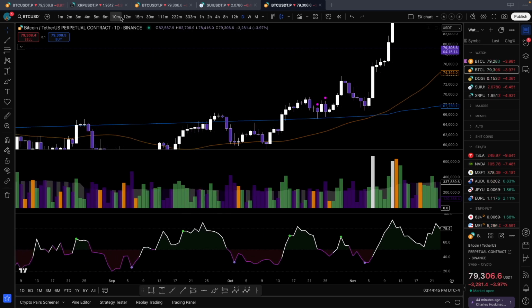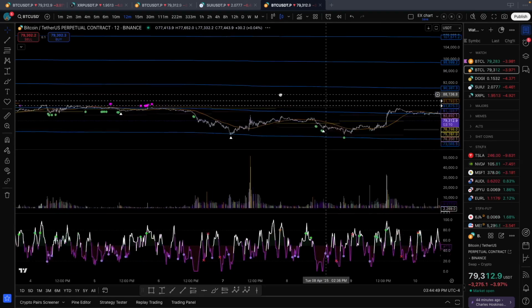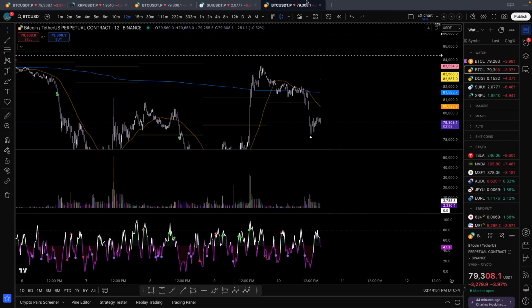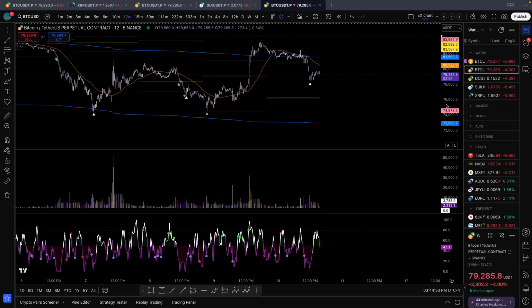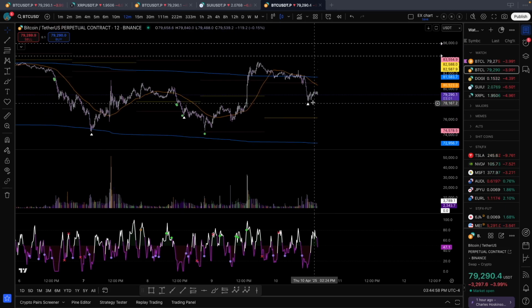All right, so low time frame, using everything in one congruent all together. So right now, you can see prices coming down.